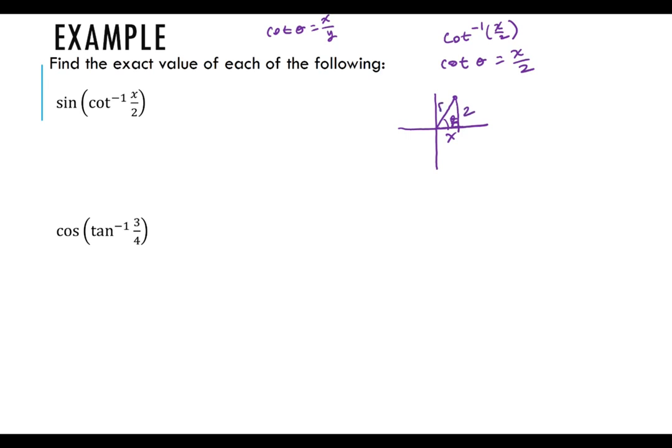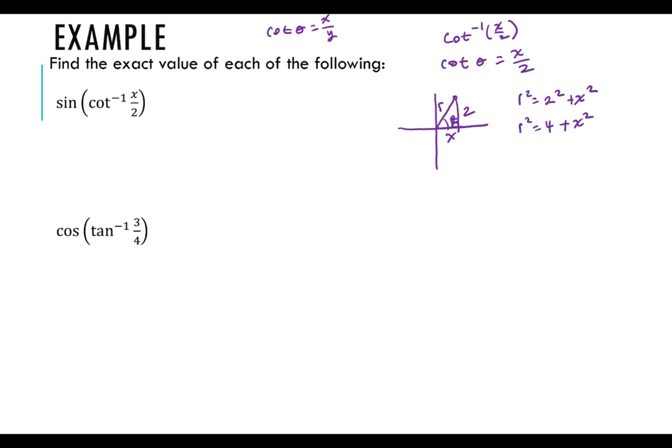Then I want to find the radius, and we can just use the Pythagorean theorem. That is r squared is equal to 2 squared plus x squared, so r squared is equal to 4 plus x squared.